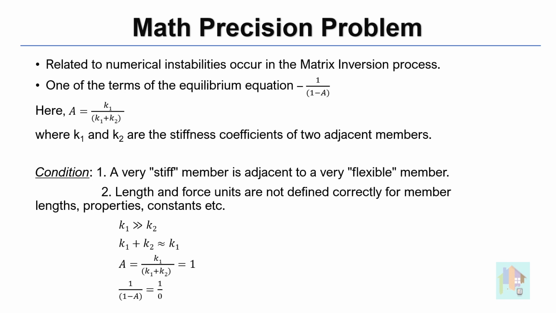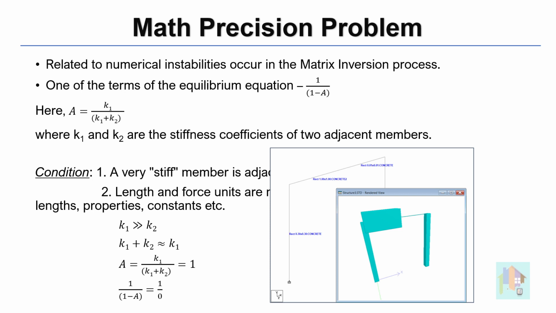This results in a large value of stiffness component. So k1 is very large compared to k2, and k1 plus k2 is almost equal to k1. In such a case, a equals 1. Hence, 1 by 1 minus a tends to infinity.